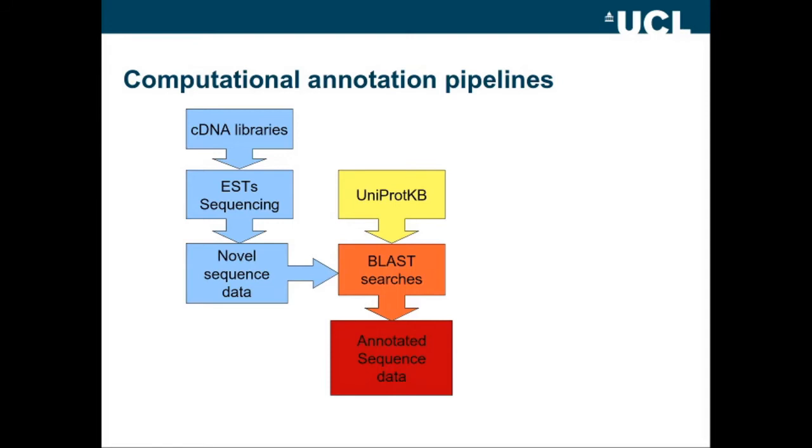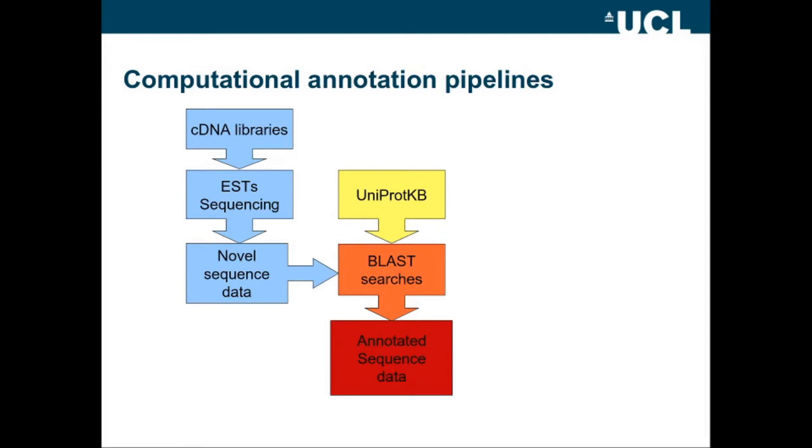Now, based on this idea of looking at messenger RNA, if we need to try to annotate a sequence in order to find out what it's doing, this is actually quite a complex computational problem.